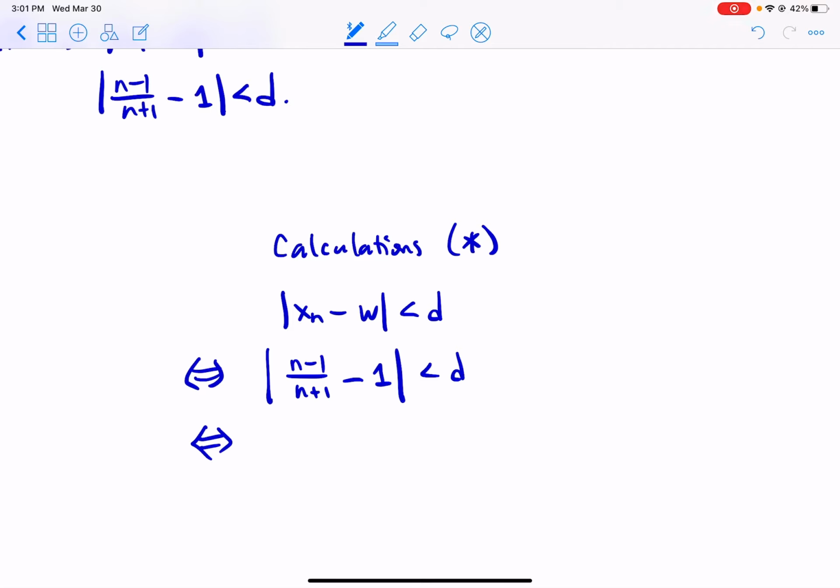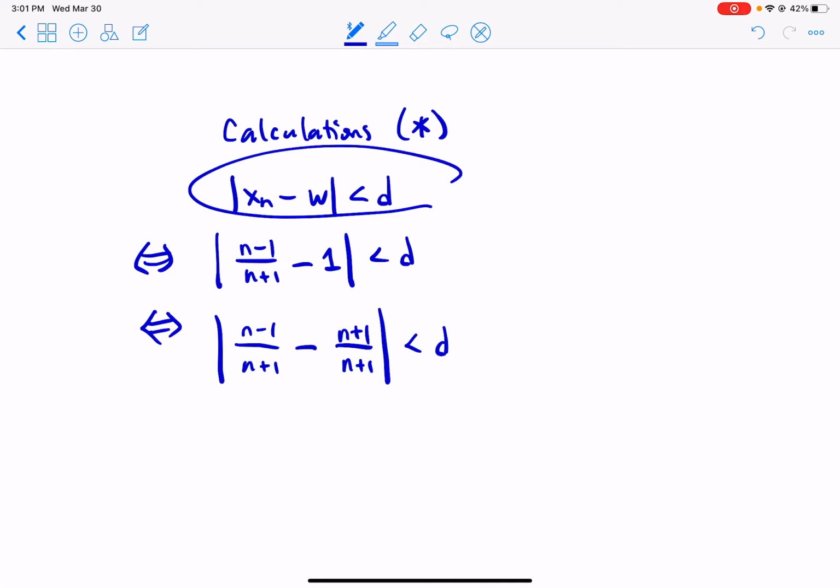This is true if and only if, and now I'm just going to play. I don't know what's going to happen, but I know that 1 could be rewritten. So this line is true if and only if this line is true, if and only if this line is true. Now they have a common denominator, so I can subtract.